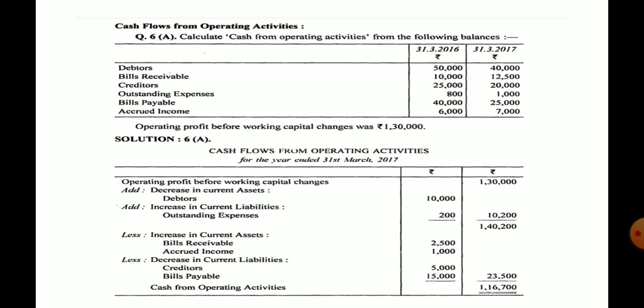You can check here, the bills payable in the previous year is 40,000 and in the current year 25,000. So the difference is 15,000. Total deducted is 23,500, which will be less from 1,40,200 and the balance will be 1,16,700. So cash from operating activity will be 1,16,700. Okay, so this is the solution of the first question.